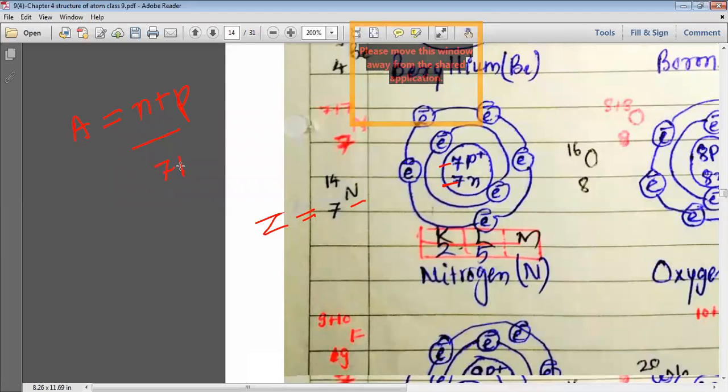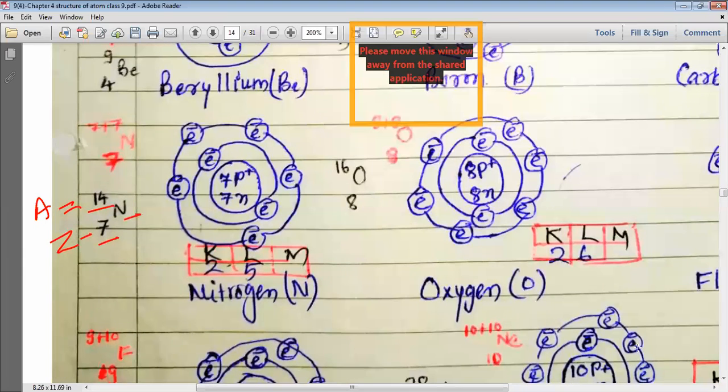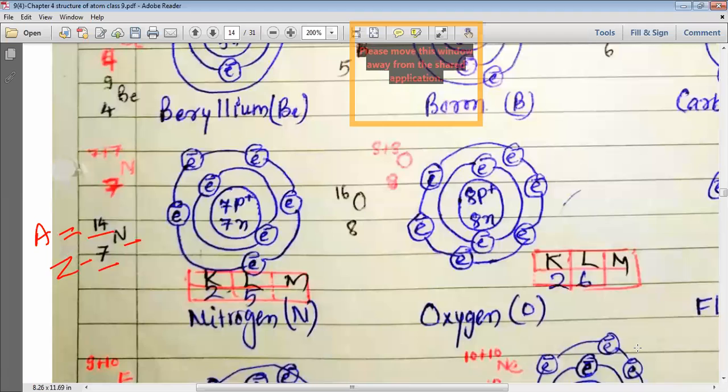So for nitrogen, we write 7 plus 7. 7 plus 7 is nothing but 14, and this is how we represent nitrogen as 7N14, where we write the subscript, that is the atomic number Z, and the superscript, that is the atomic mass number A, my dear students. Now let's move and study the structure of oxygen for our discussion.